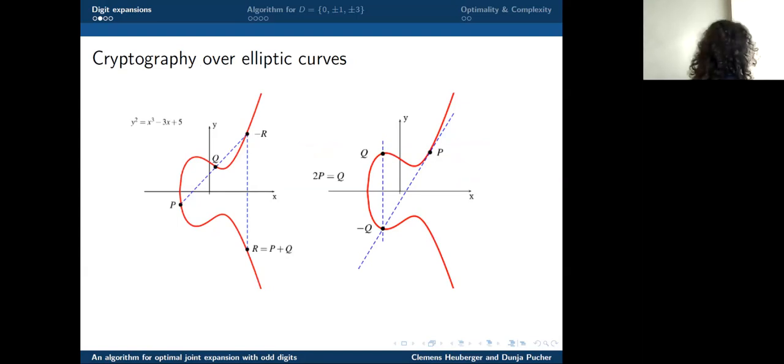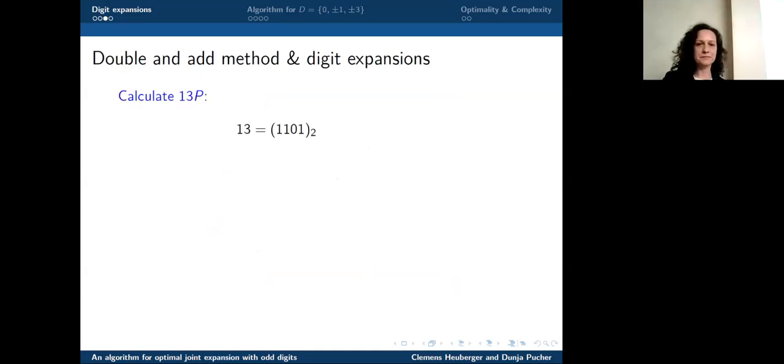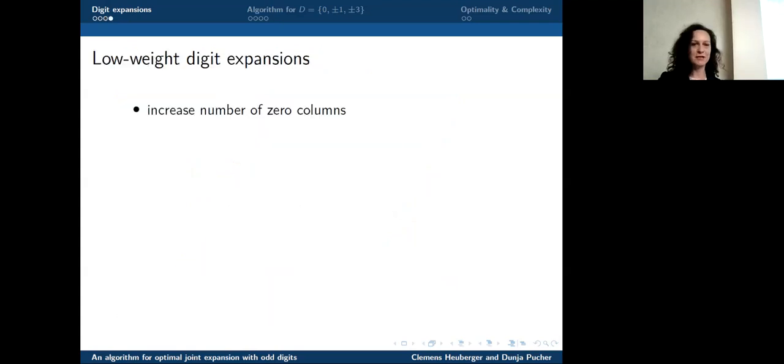Because we have here a point R, and subtraction is basically addition of the inverse, and the inverse is just a reflection on the x-axis. So it's computationally just as expensive. Okay. Thank you for your question.